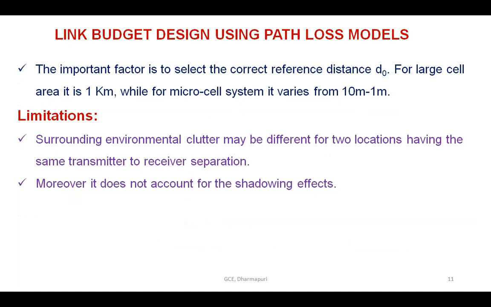For a large cell area it is around 1 kilometer, while for a microcell system it varies from 10 meters to 1 meter. The limitation of this model is that the surrounding environmental clutter may be different for two locations having the same transmitter to receiver separation. Moreover, it does not account for the shadowing effect. So these are the limitations of this model.